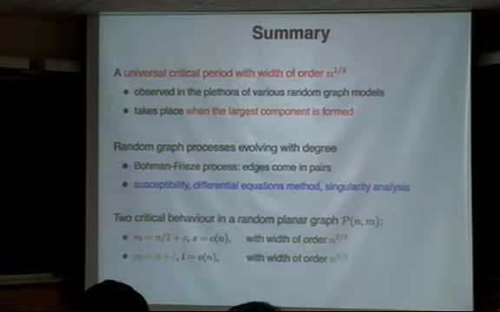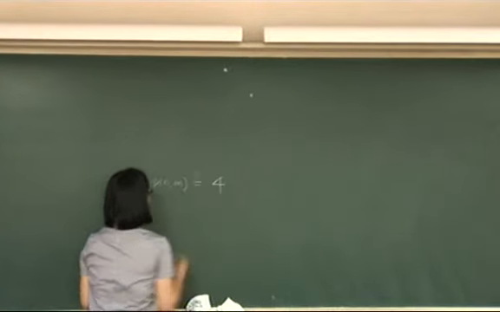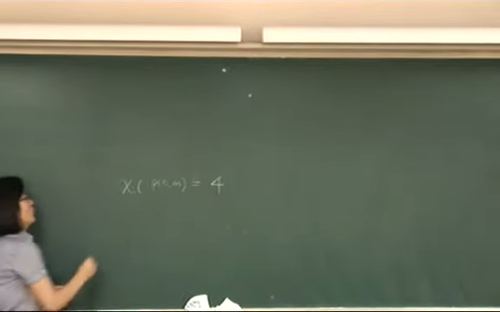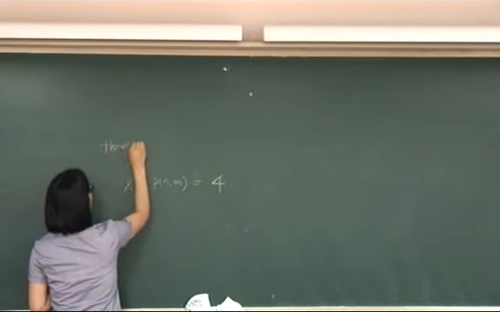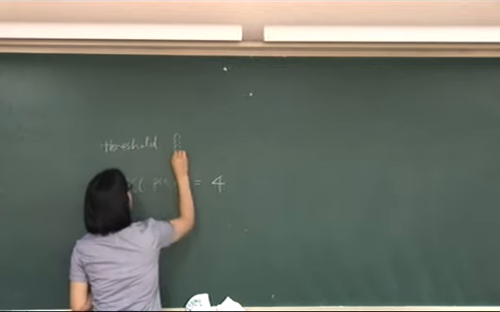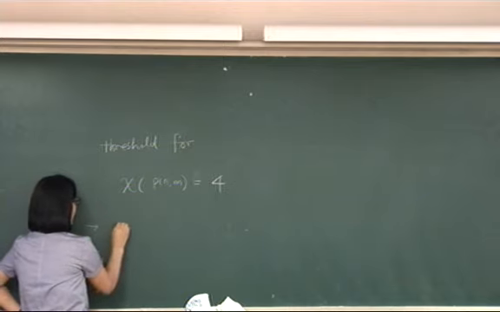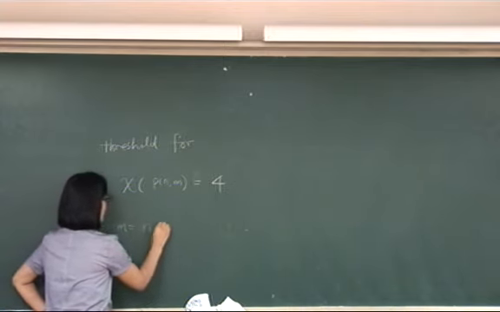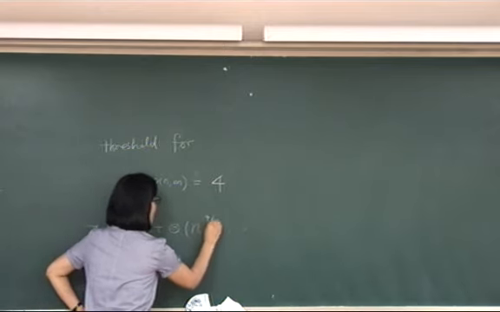There is a conjecture by Tomasz Łuczak and myself that for the chromatic number of PNM, there is a threshold for the chromatic number being 4. We claim that this happens when m equals n plus theta of n to the, again, very strange exponent, 7/9.